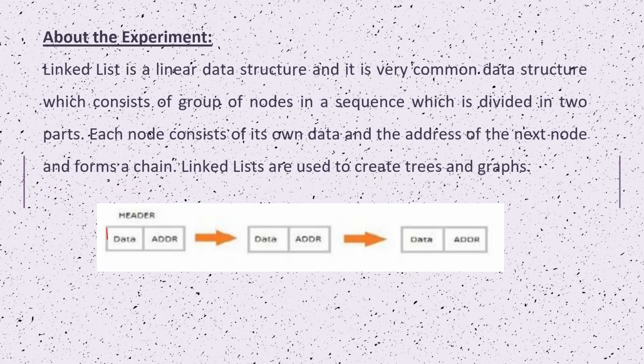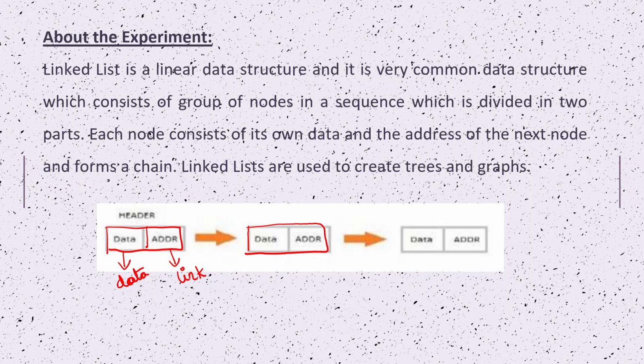As you can see here, this is one node, and it has two parts: one is your data part and the other is your link part. The data part is used for storing the data, and the link part is specifically for storing the address of the next node.